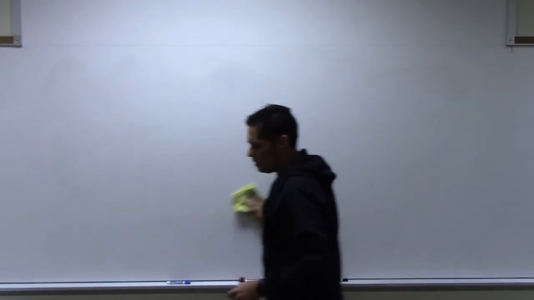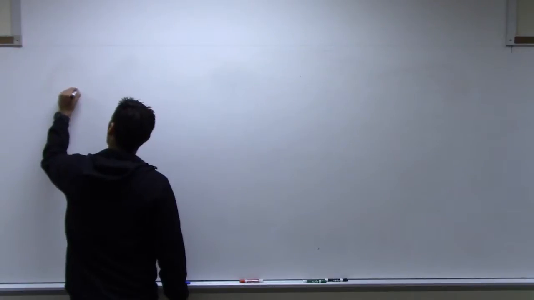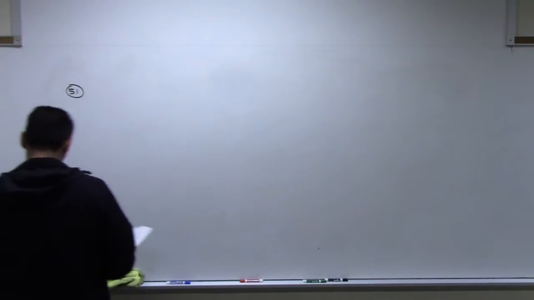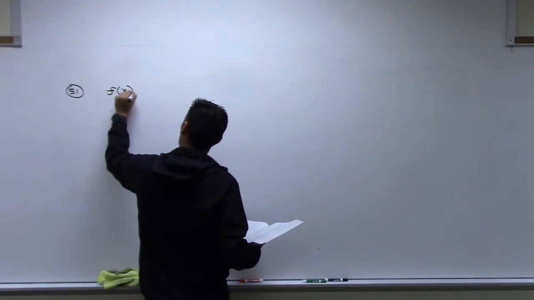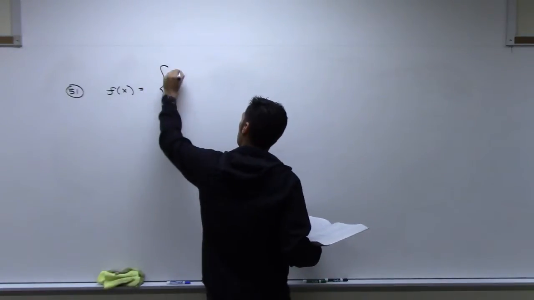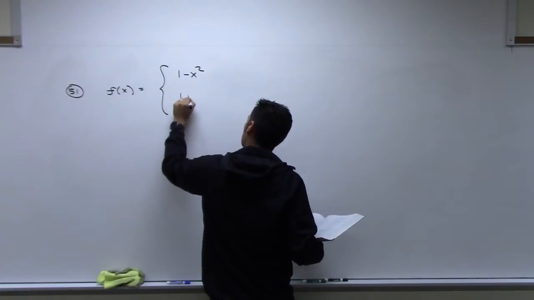Number 51. Okay, now things are going to get a little weird. They give us a function f of x equals, and then this thing called a piecewise function. It's 1 minus x squared, and then 1 plus x squared.